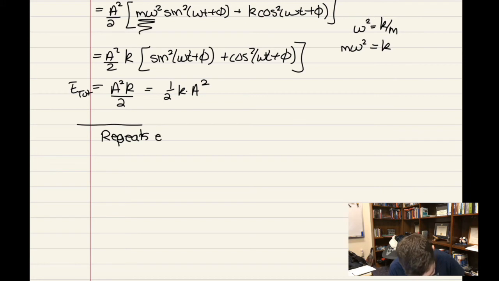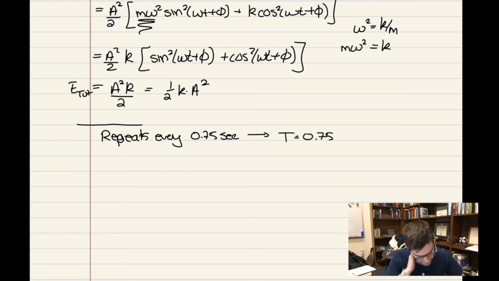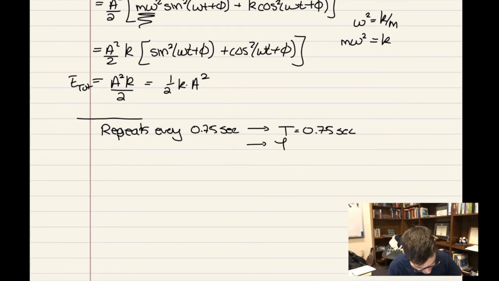So it repeats every 0.75 seconds for a mass that's attached to a spring. That implies the period is 0.75 seconds. The period is defined as the time it takes to start repeating yourself. The frequency of motion is 1 over the period.